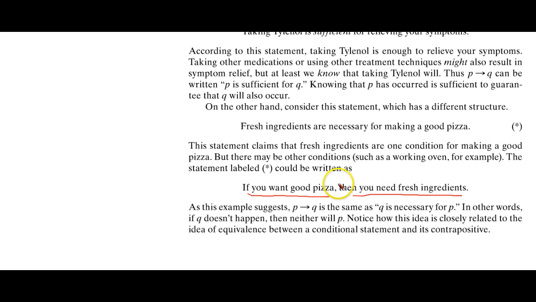So they're saying sometimes statements can be worded differently, but could be equivalent. So remember, the symbol for equivalence is 3 lines, where this is not exactly the same, but they are equivalent.